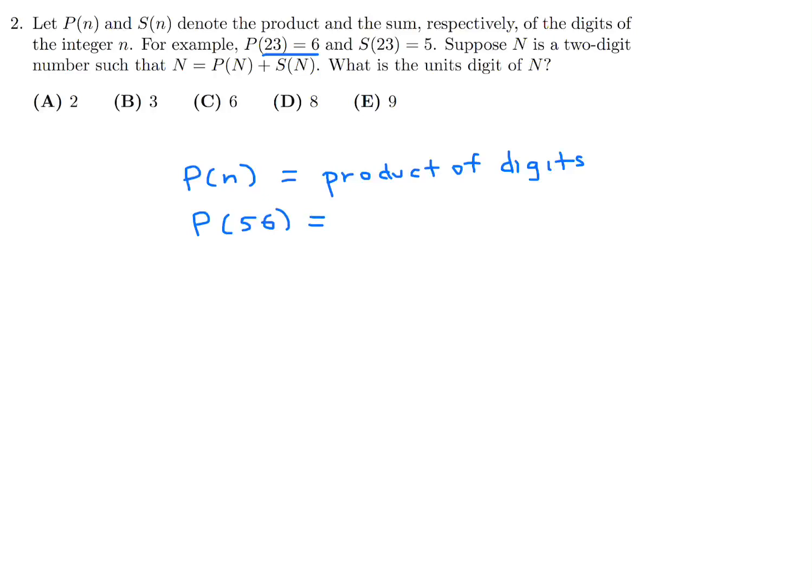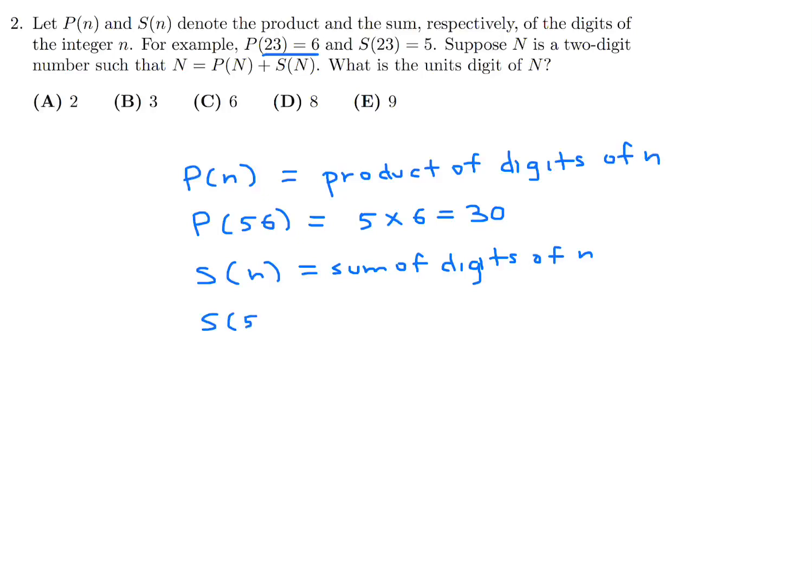You'd have to multiply 5 and 6, so it would be 5 times 6 is equal to 30. It's just some new property that they've introduced. And then similarly, Sn is the sum of the digits of n. So for example, if you have S of 56, it would be 5 plus 6, which is of course 11.